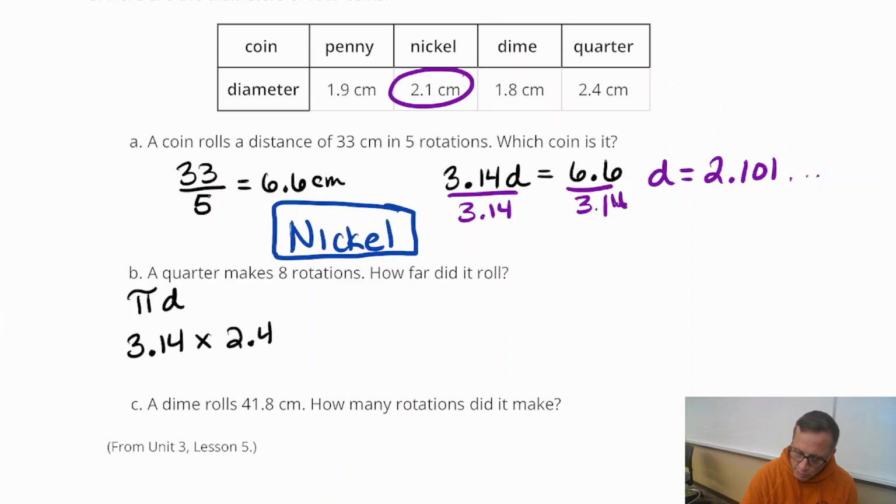And then it makes 8 rotations, so multiply that by 8. All right, so a lot of multiplication here. So 3.14 pi times 2.4, the diameter of the quarter, times 8 rotations. And so I get 60.288 centimeters. That's what I got.